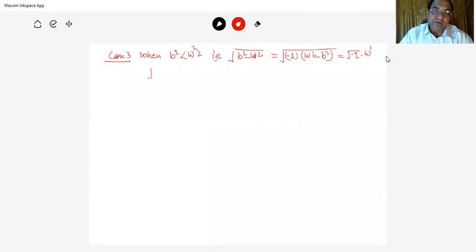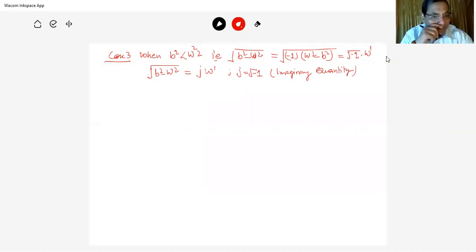So under root of B square minus omega square is equal to J omega dash, where J is equal to under root minus 1, an imaginary quantity.